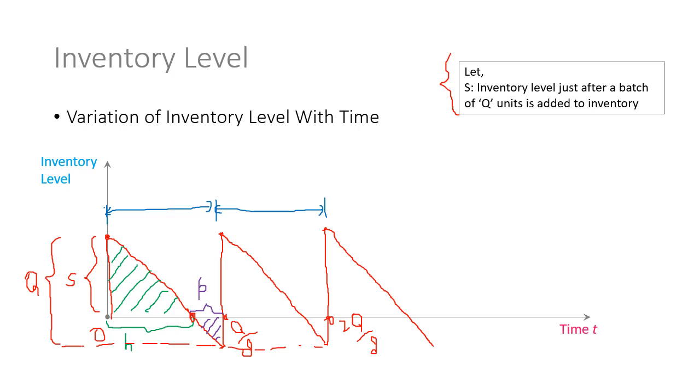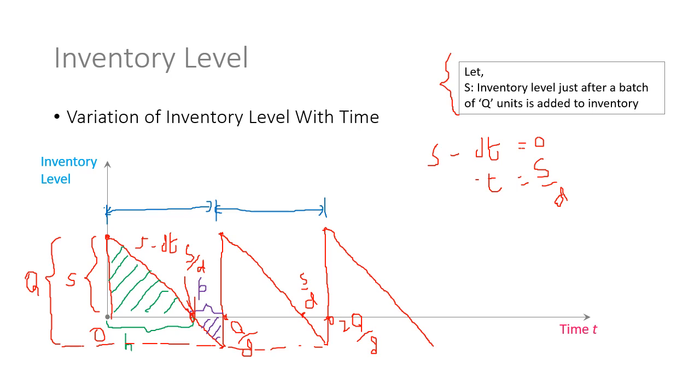If this is S, the equation of the line becomes S minus Dt, and we want to find t when this is 0, and hence t becomes S by D. So this point refers to a time S by D. Similarly, this will also be S by D for that particular cycle.